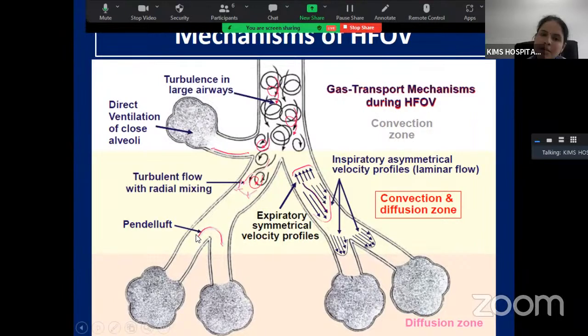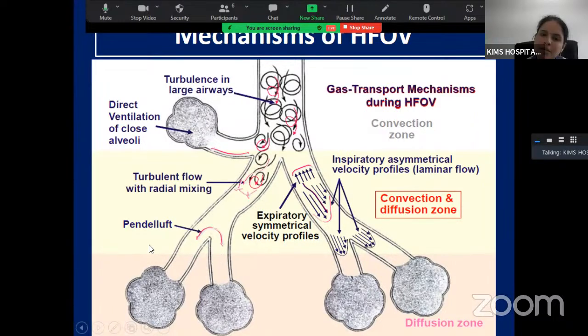The second important mechanism of HFOV is something called pendelluft. In pendelluft, there is gas flow not only from the airway to the alveoli, but between alveoli, because of inhomogeneous time constants.